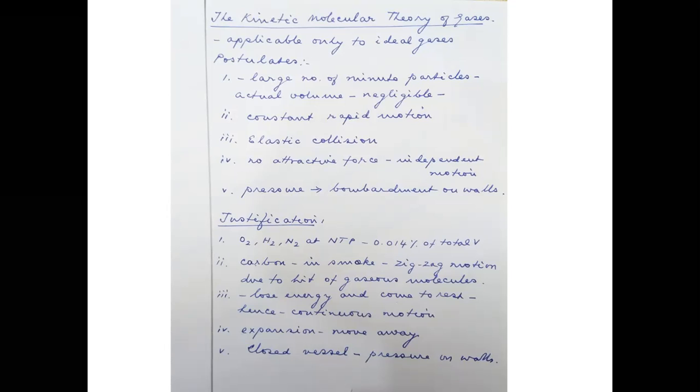They hit each other, and they are also always bombarding the walls of the container. This continuous bombardment exerts a force on the wall. The force acting per unit area is the pressure. Therefore, the pressure is because of the bombardment of the gas molecules on the wall.